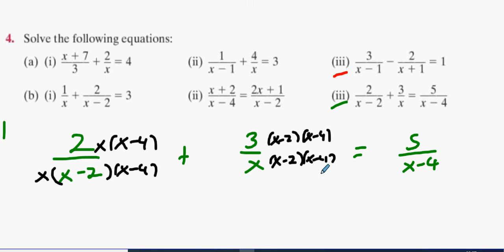Why am I allowed to do that? What happens if you divide it back out again? What happens? You're just left with what you started with, aren't you? So you're allowed to do it. It doesn't affect anything. Now what about this side? What does it see? The x and the x minus 2.